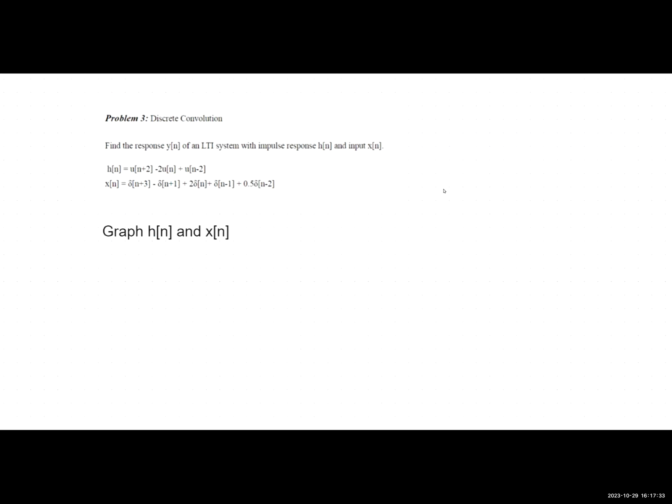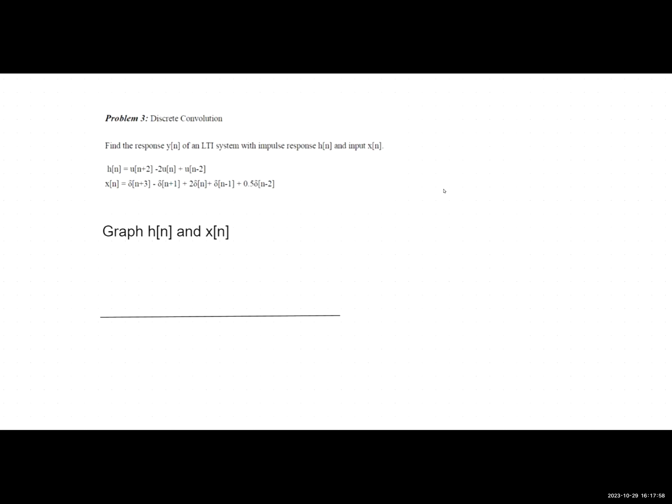It's already in that form, as you guys can see, so we can skip that. The last step would be to replace the deltas with h's and evaluate the system response. So first of all, to graph h of n and x of n, let's see if we can do that really quick.